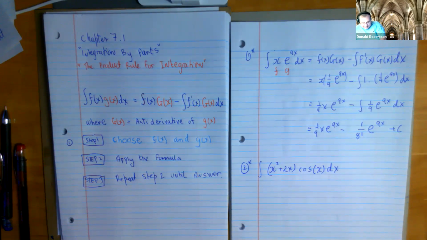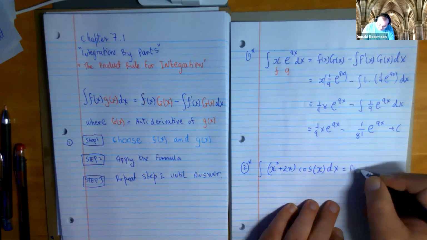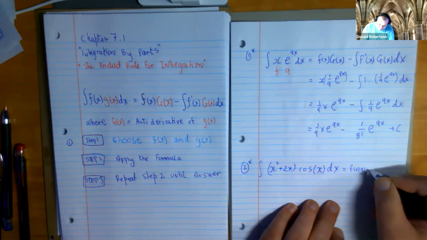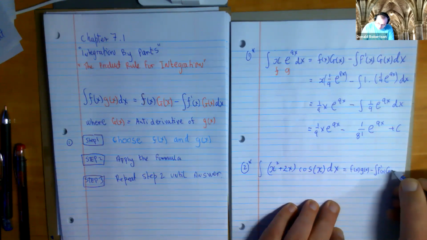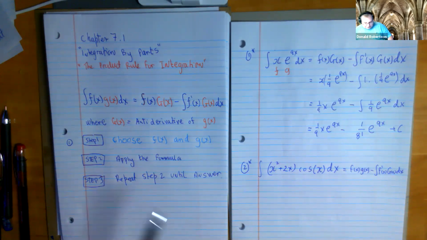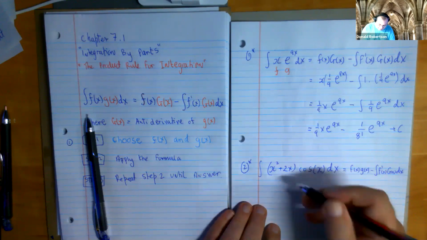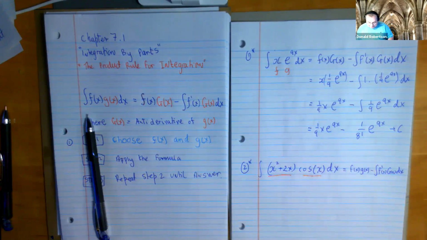Okay, who's going to be the F? Who is going to be the G this time? The cosine. What's the cosine going to be? The F.